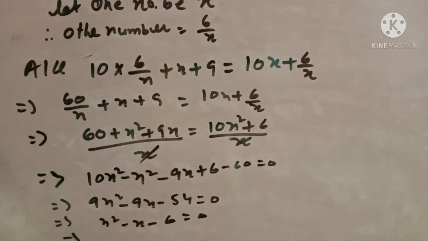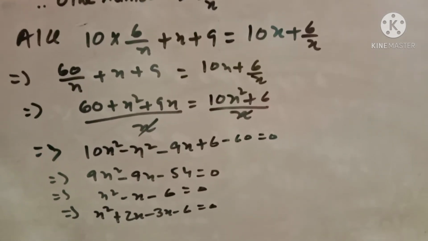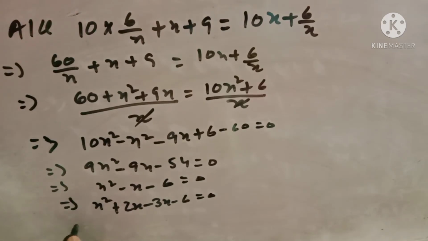We can write by factorization x square minus 3x plus 2x minus 6 equal to 0. So take x as common, x plus 2, and here I am taking common minus 3, it will come x plus 2.